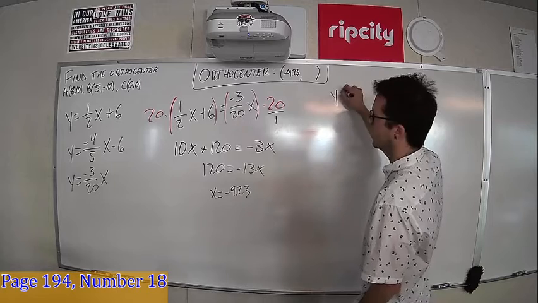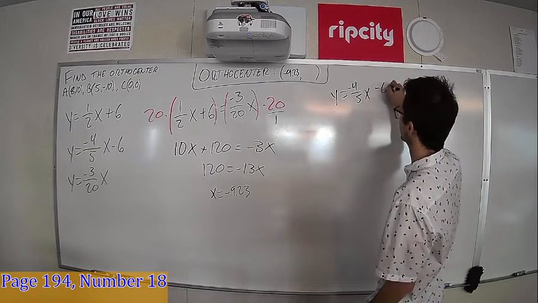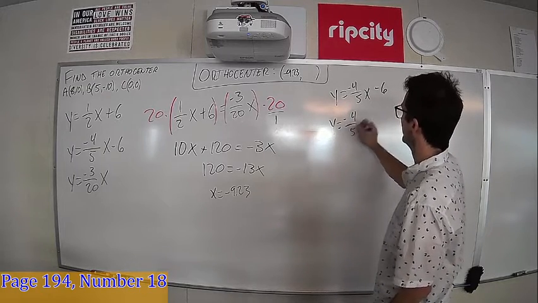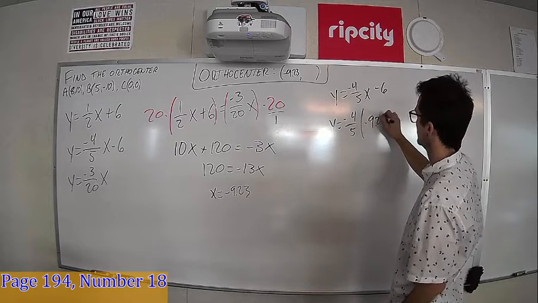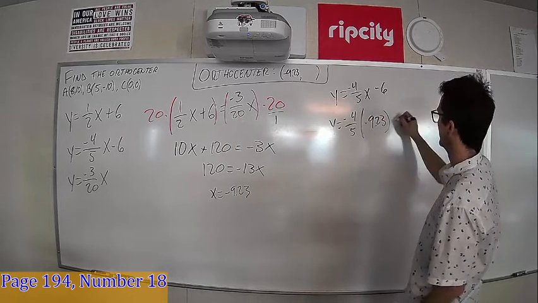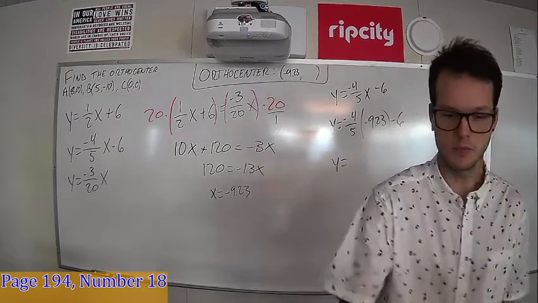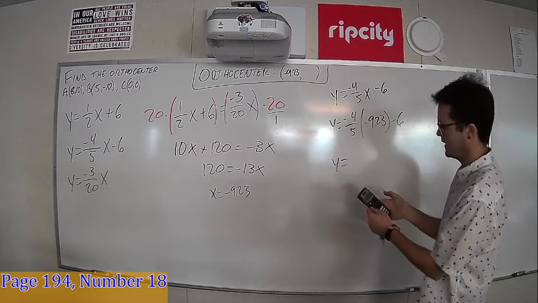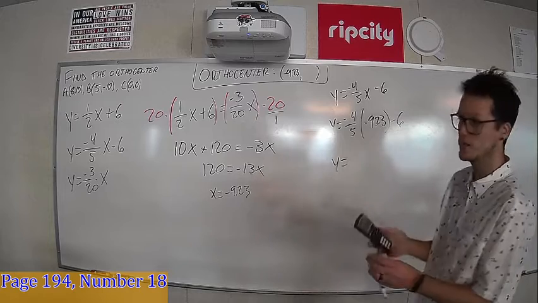So that one is the y equals negative 4/5 x minus 6. So it's y equals negative 4/5 times this value, negative 9.23. We'll definitely use a calculator for this, minus 6. And we'll see what y equals. So what I'm typing into my calculator right now is negative 4 divided by 5. Of course, that's negative 0.8.